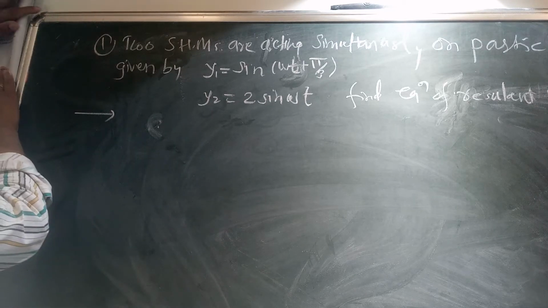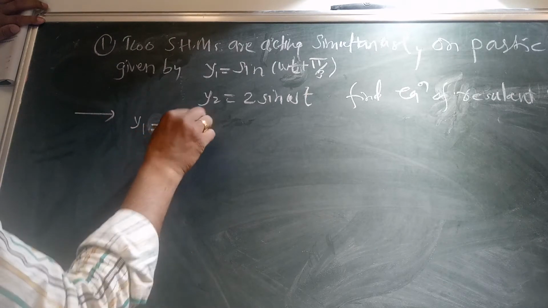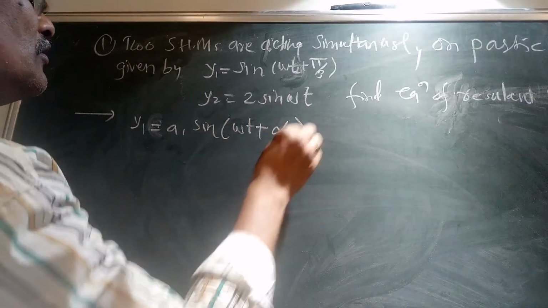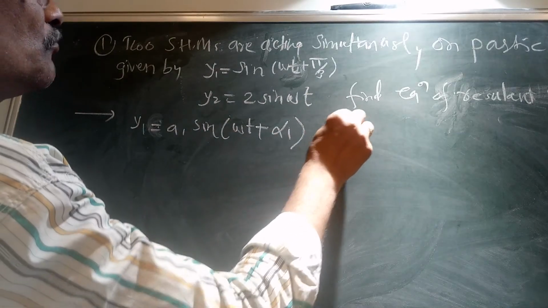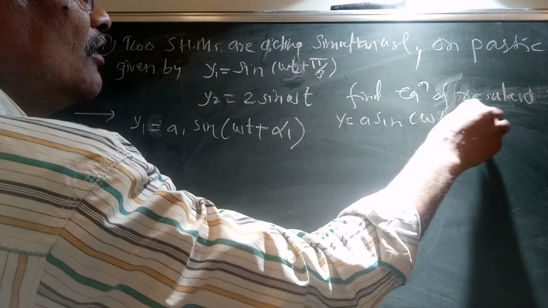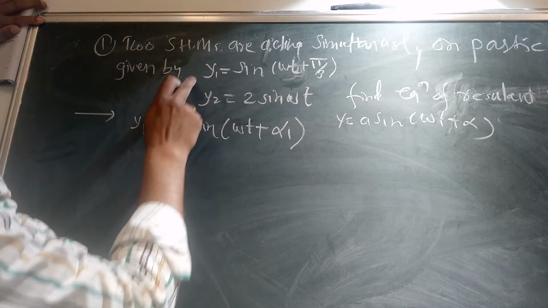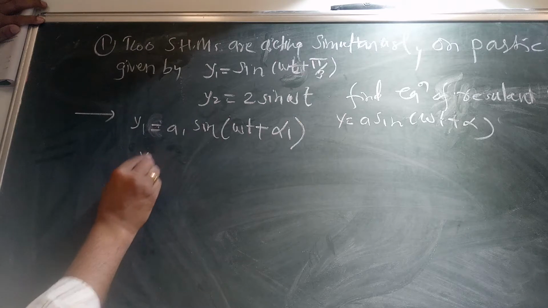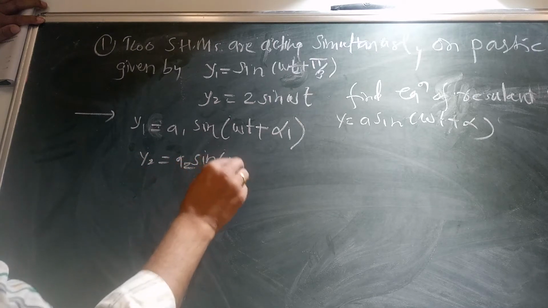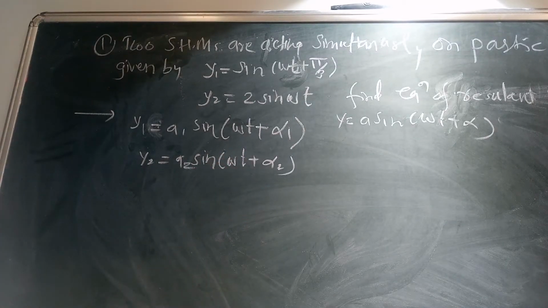Say y1 is equal to a1 sine of omega t plus alpha 1. So this is just similar to our equation y is equal to a sine of omega t plus alpha. Here there are two displacements, therefore I will write y1 and y2. So y2 is equal to a2 into sine of omega t plus alpha 2.